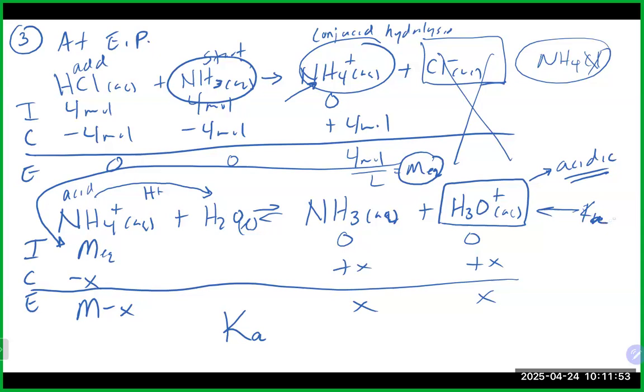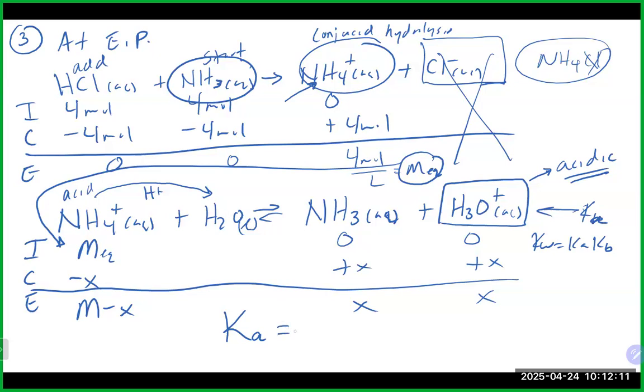On this type of problem, you probably will have the Kb value given to you. So again, you've got to use Kw equals Ka times Kb to switch it over there. Again, the Kw, the normal number there, 1 times 10 to the minus 14.